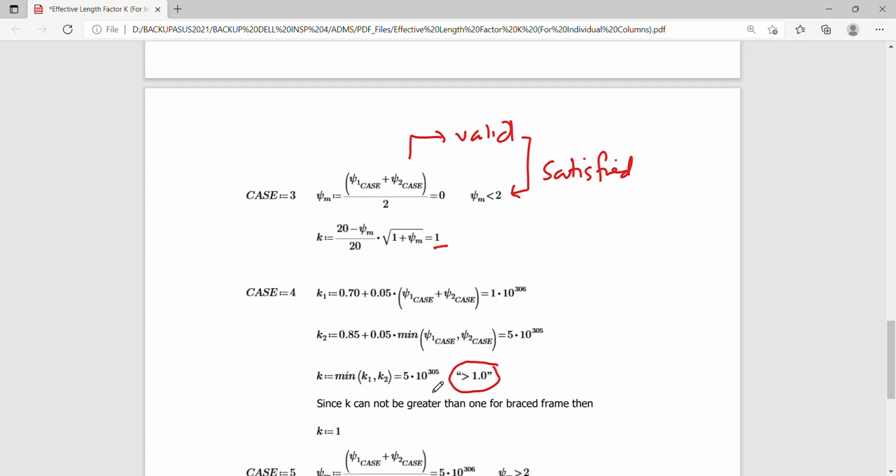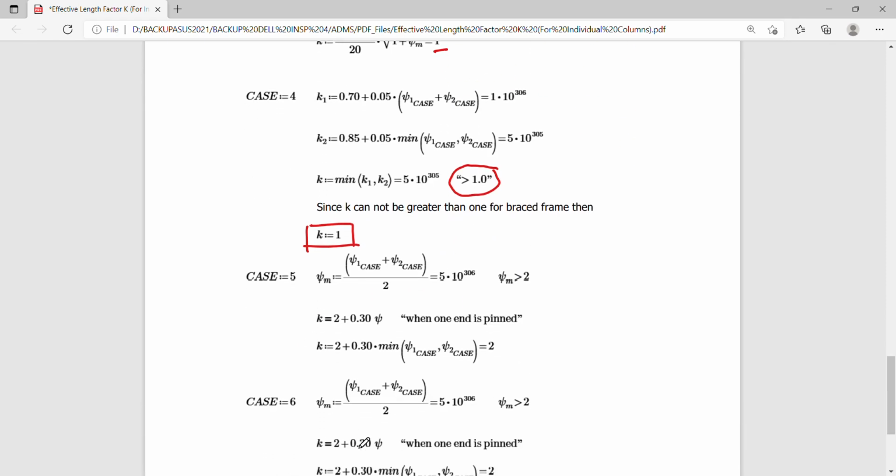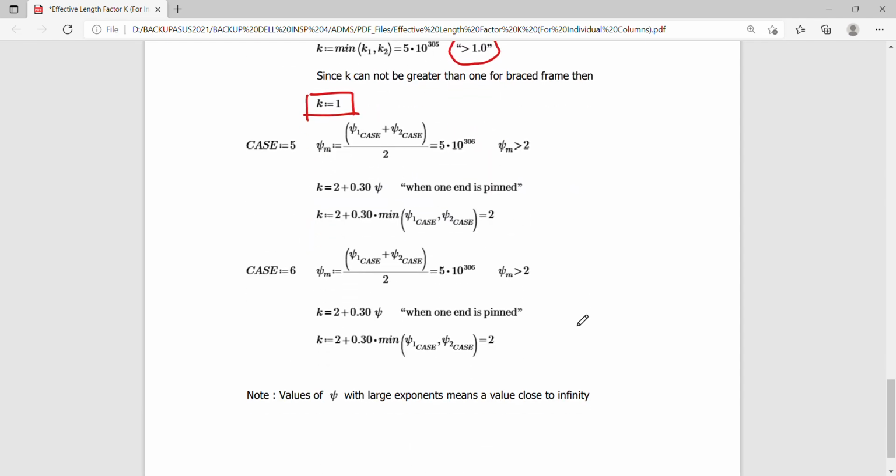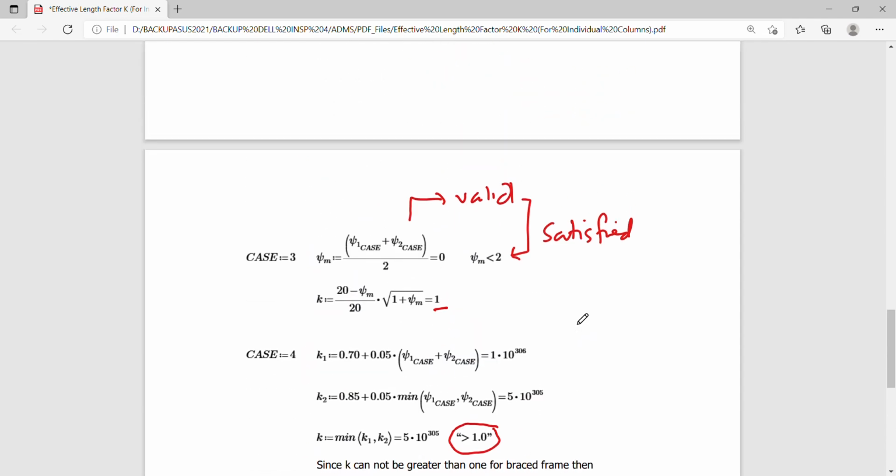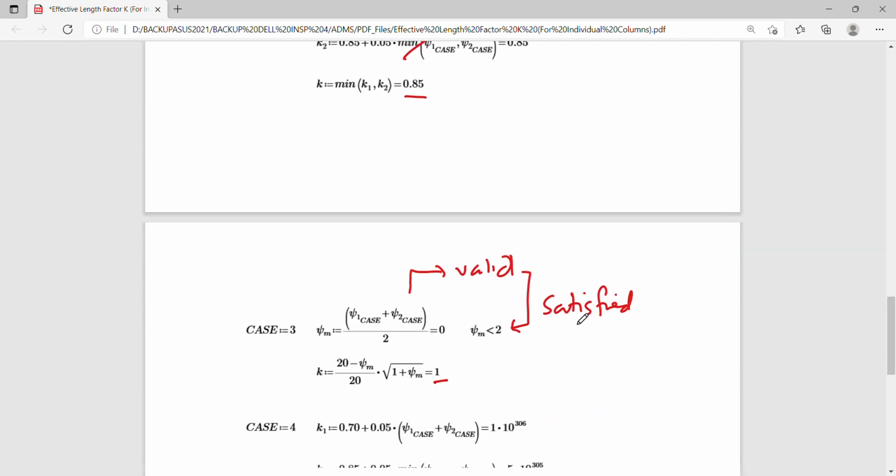But since this is bigger than 1.0, then automatically your K is plugged to be equivalent to 1. So take note that for brace frame, always your K must not be greater than 1.0.